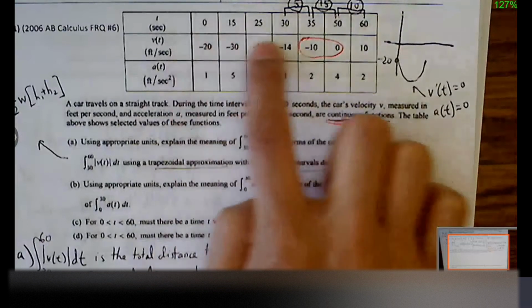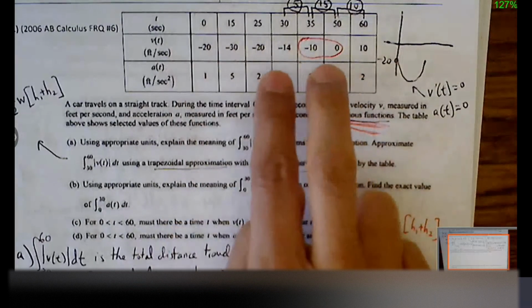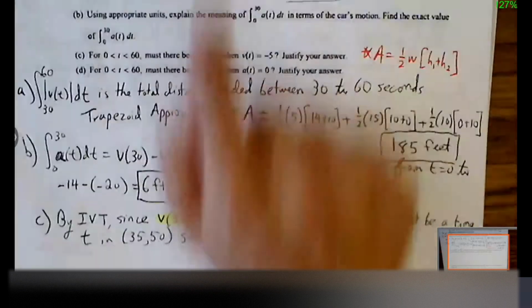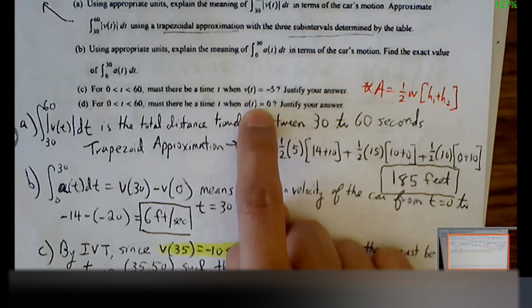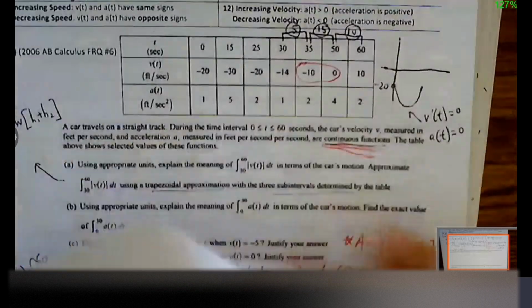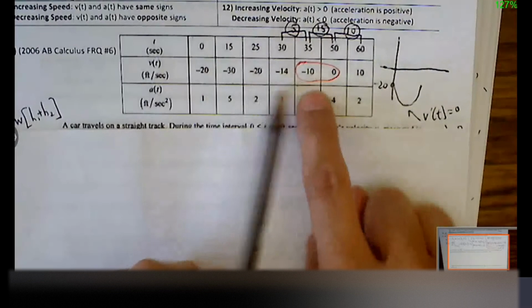But maybe velocity can help us out, right? When it says, is there a time when acceleration is equal to 0? Another way of thinking about this is, is there a time when the slope of the velocity is equal to 0? So if I think about it that way, what if I just graph these points here?